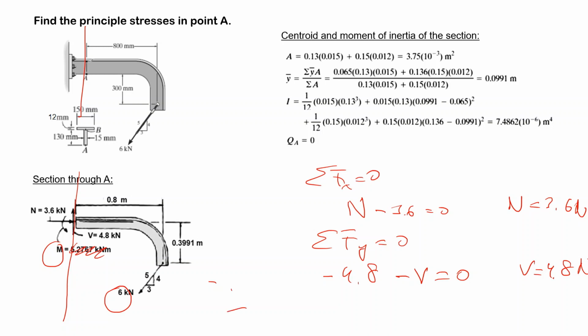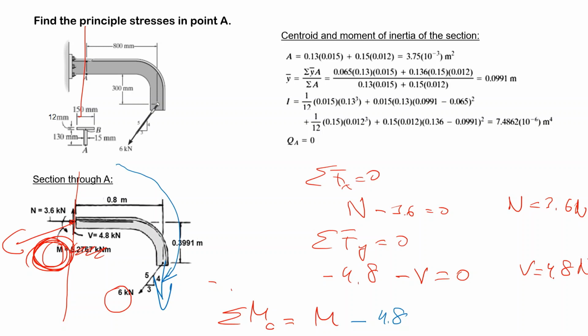Well, in this case, sum of moments, let's call the centroid C, sum of Mc equals 0. Here you have first your M value, this value, and then the bending effect of the external loads. This force is trying to rotate in the negative direction, minus, that will give you 4.8 times 0.8.